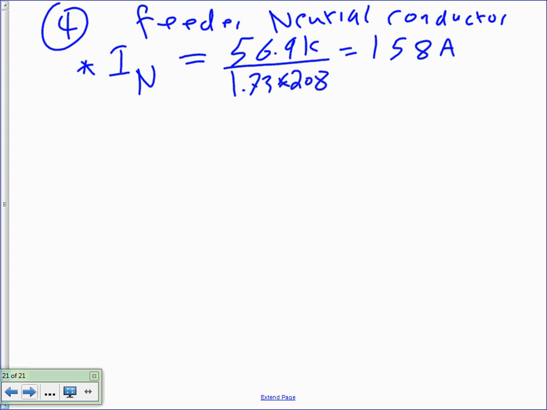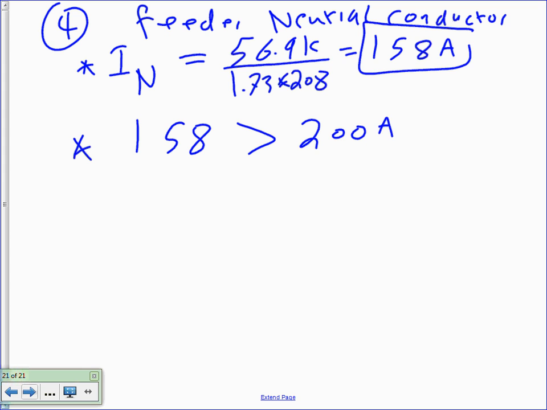Now, the second thing: is this 158 more than 200 amp? The answer is no. Then what? No derating. Otherwise, you're going to apply the derating that we did. Remember how we derated more than 200?